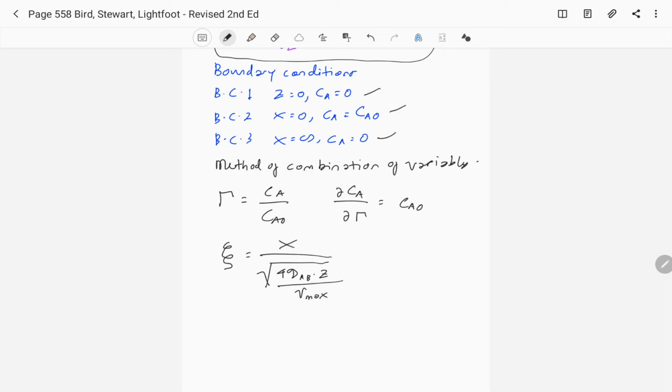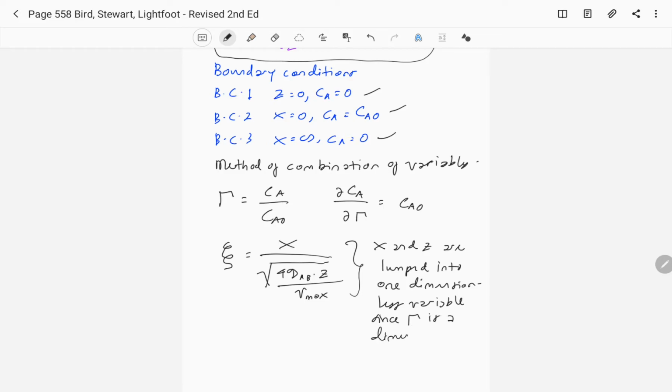So these variables, x and z, are lumped into one dimensionless variable, since your dimensionless concentration is a dimensionless function.